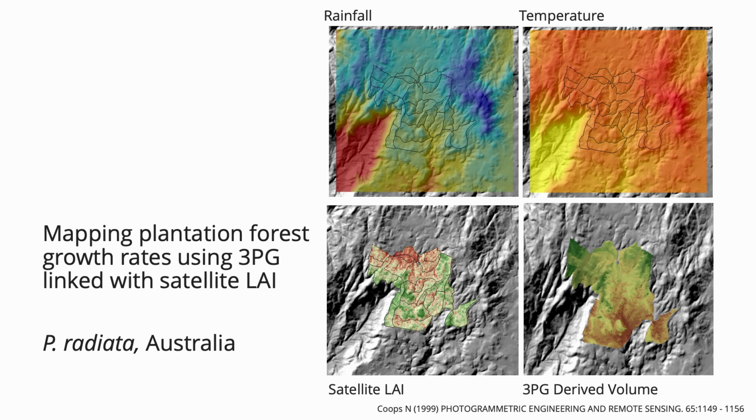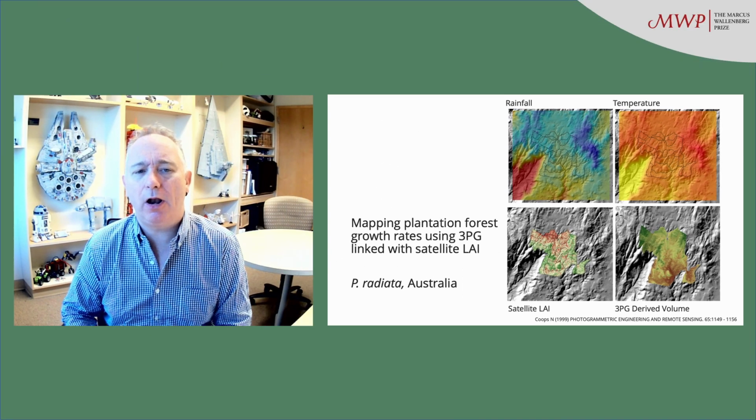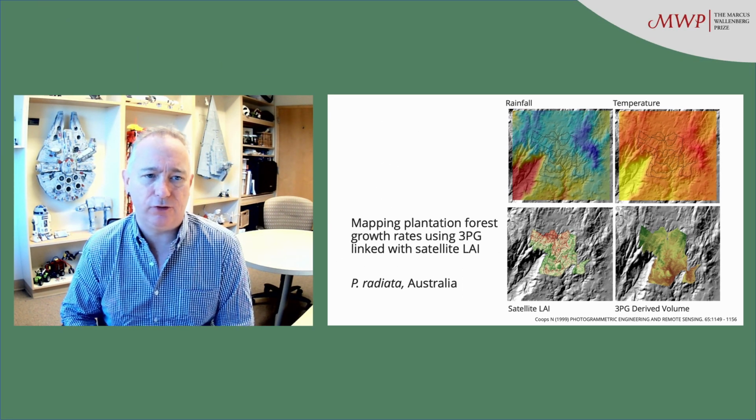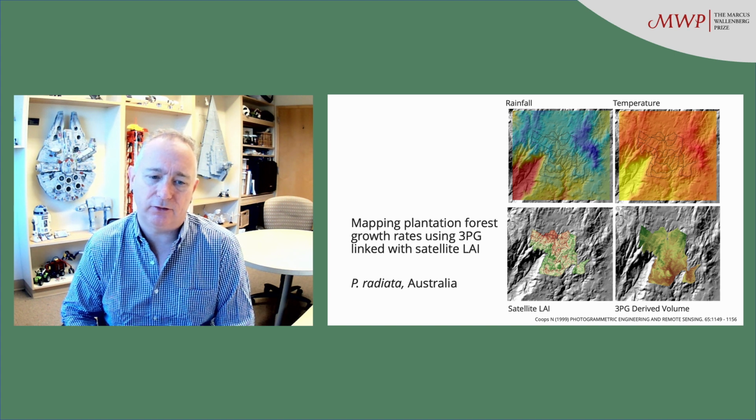And here was one of the first simulations we ever did from that integration of 3PG with satellite imagery. We still have the incoming climate, but instead of allowing the leaf area to grow within the model, we use satellite estimates of leaf area index, which allowed us to produce patterns of forest growth at very fine spatial scale, much more than the polygons that we were originally used to that you can see in the top two figures.